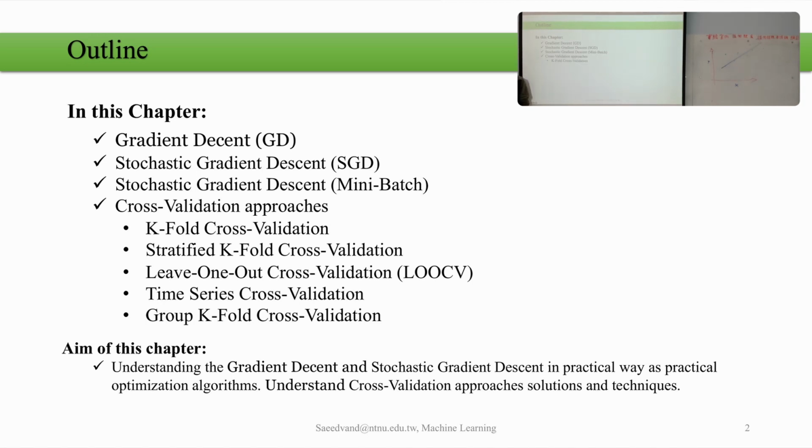A couple of famous cross-validation approaches are k-fold cross-validation, stratified k-fold cross-validation, leave one out cross-validation, LOOCV, and cross-validation for time series data. And then later on, we will talk about group k-fold cross-validation.